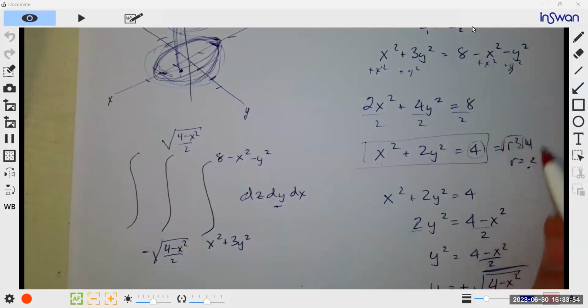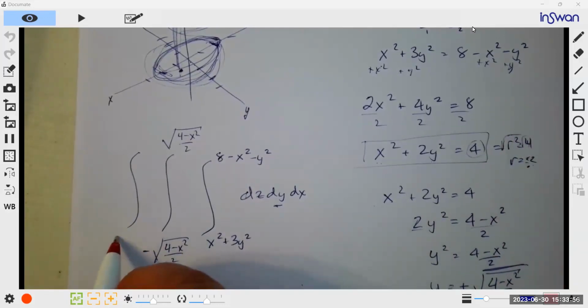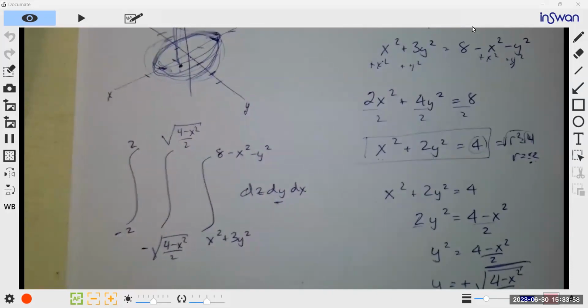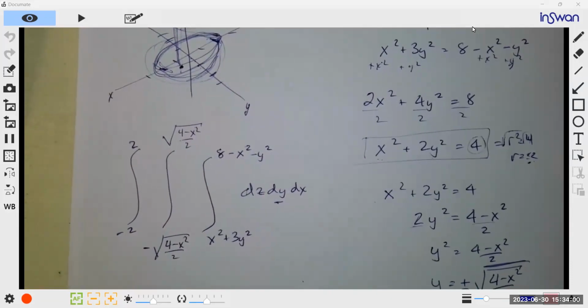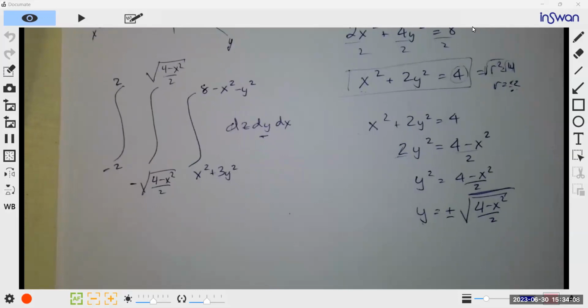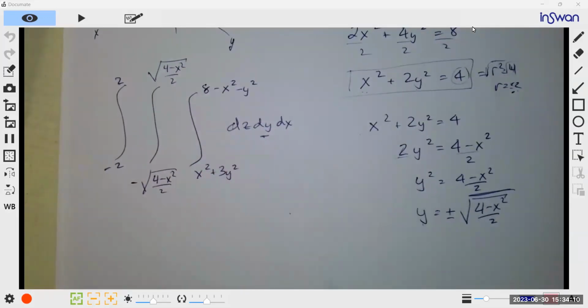Because when we square root both sides, it's positive or negative, so it's negative 2 to 2. Okay, now this one's not going to look fun, simply because it has a lot of variables here.